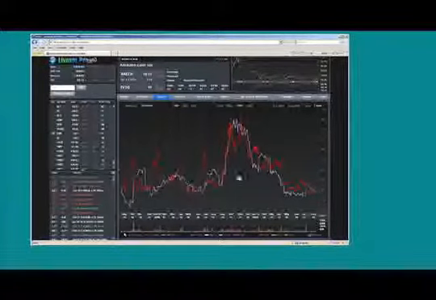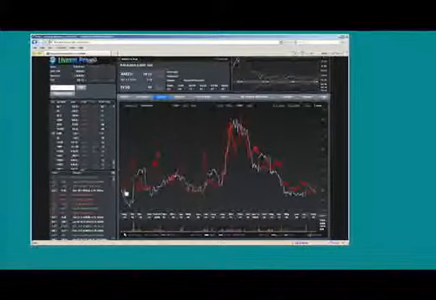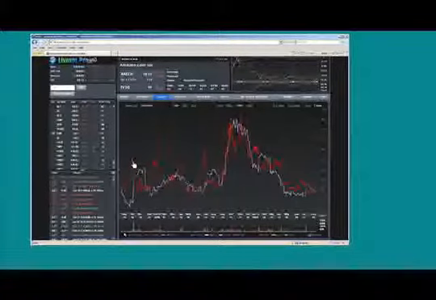Everyone can see the volatility goes up and down. If you bought a straddle or a call spread going up, it's probably not a good time to buy it up here, but it's better to buy it on the downside.